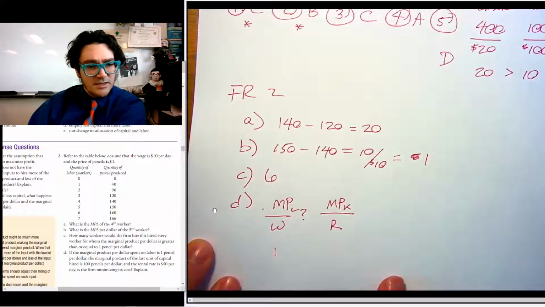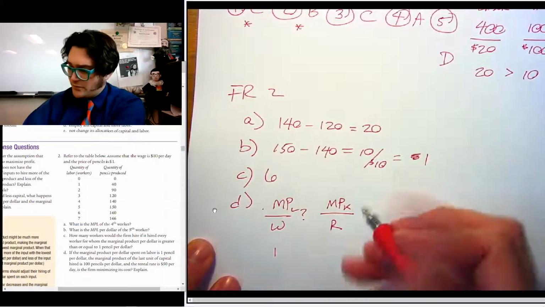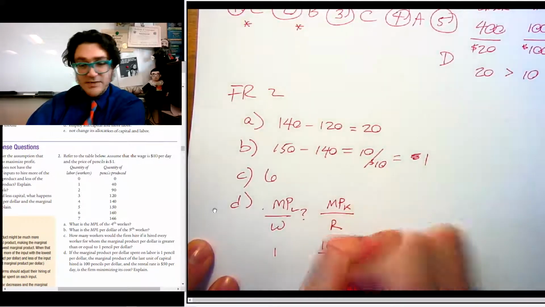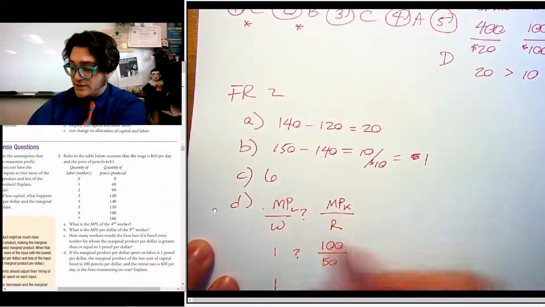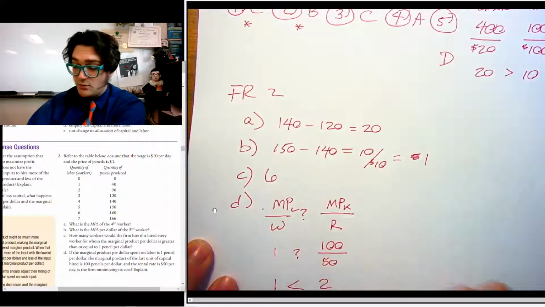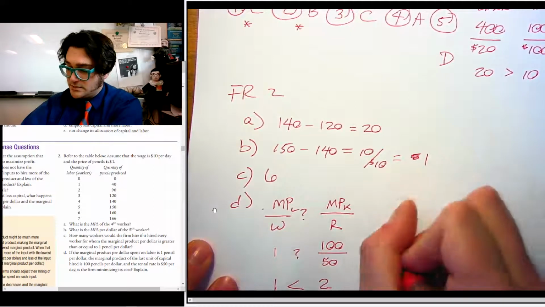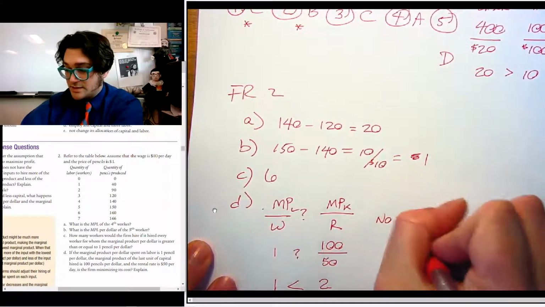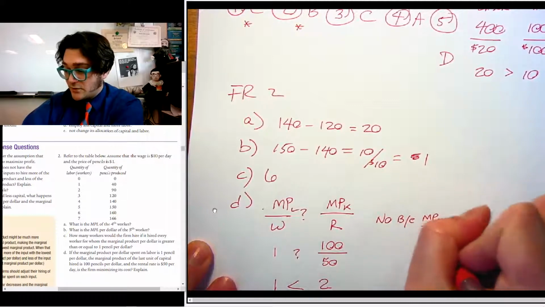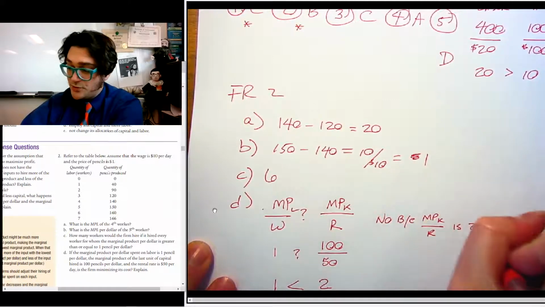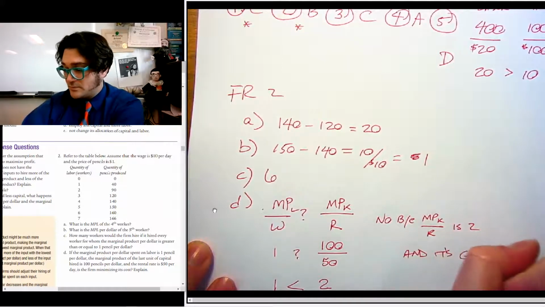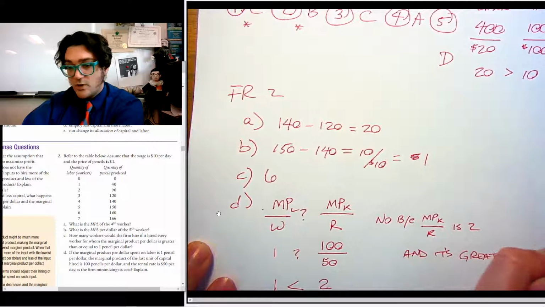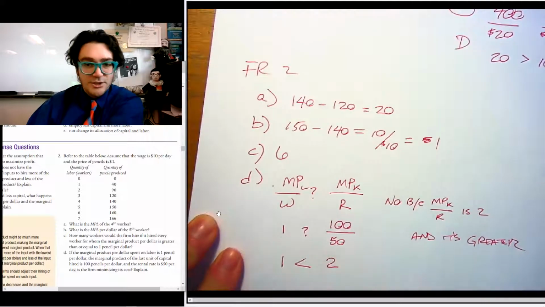It gives us 100 for the top value, and the rental rate is 50. So no, they are not equal, because MP of K over R is 2, which is greater than 1.